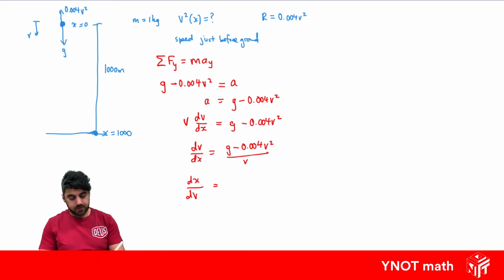So we're taking the reciprocal, so we're going to get v over g minus 0.004 times v squared. And now we can go ahead and take the integral of both sides.